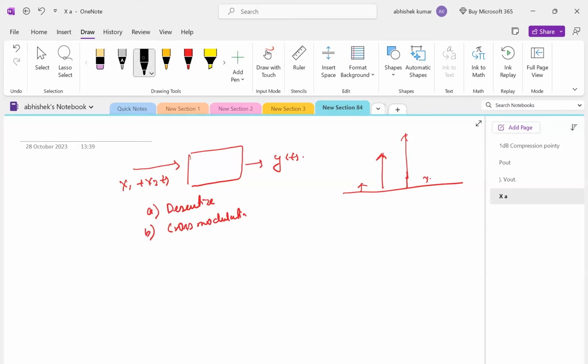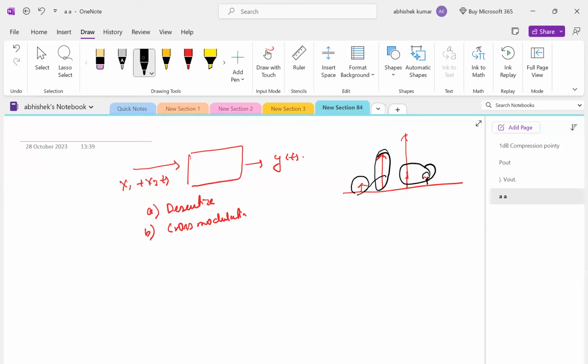Due to cross modulation, this signal will interfere with this signal, and this signal interferes with this signal, and our original signal gets distorted. This is not a disadvantage; we are checking our system, how much it can be desensitized and how much cross modulation it has.